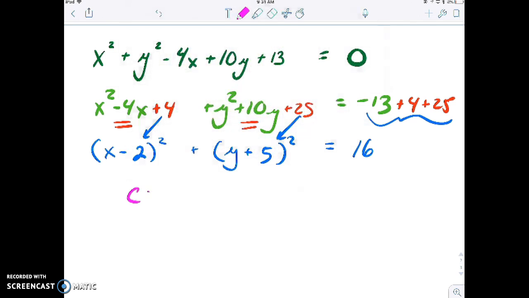So the center of this circle is positive 2, negative 5, with a radius of 4.